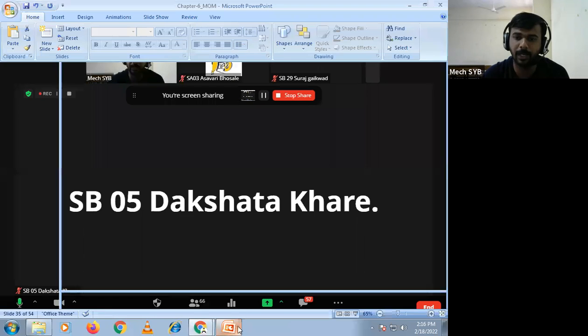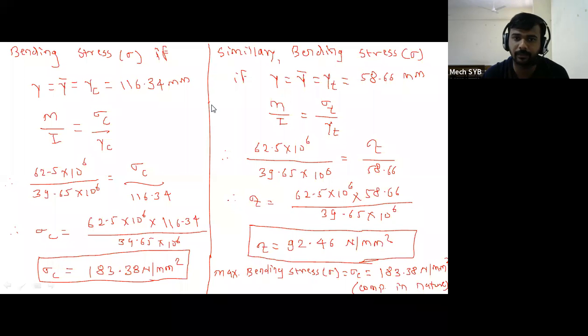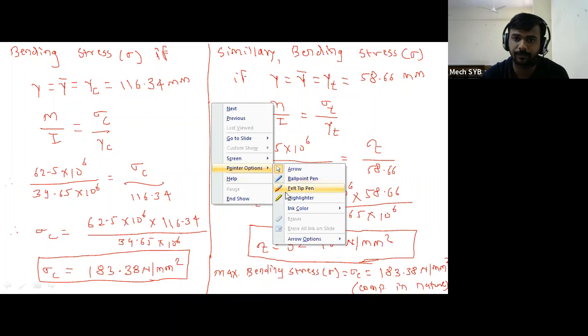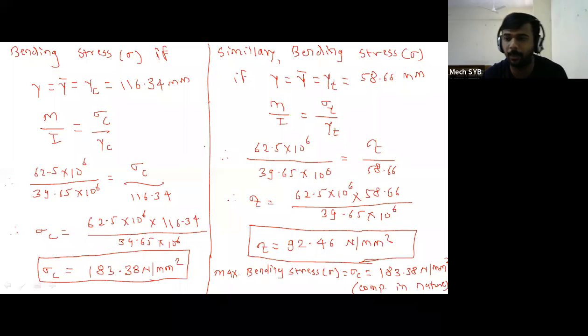I will rejoin once again, maybe due to a network problem. So write down one sentence below that: maximum bending stress is equal to sigma c is equal to 183.38 Newton per mm square, and in bracket compressive in nature, because specially they have asked what is the nature of maximum bending stress.